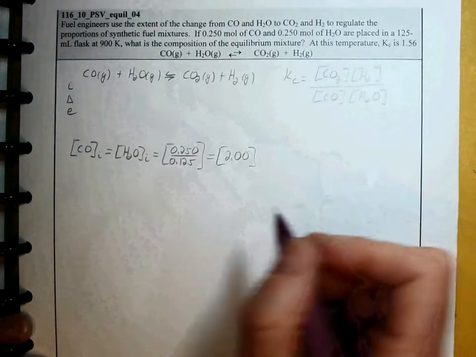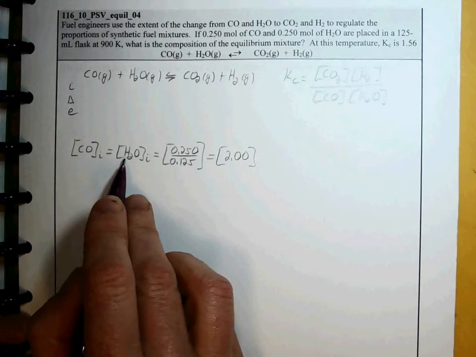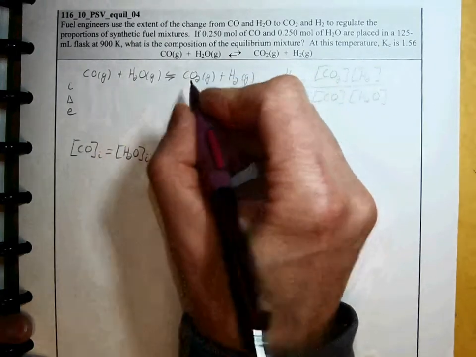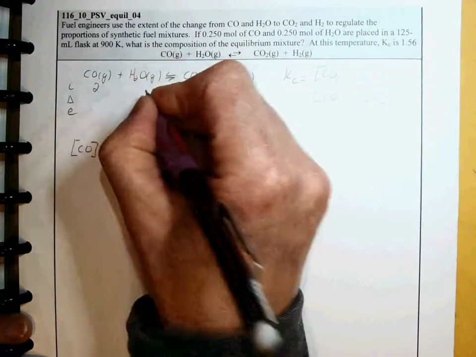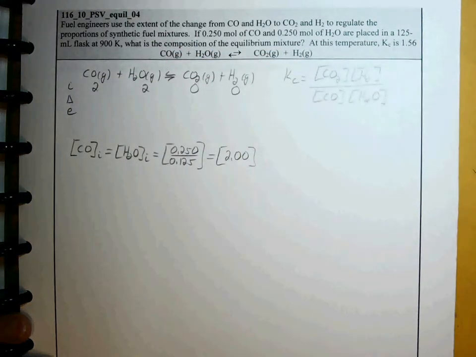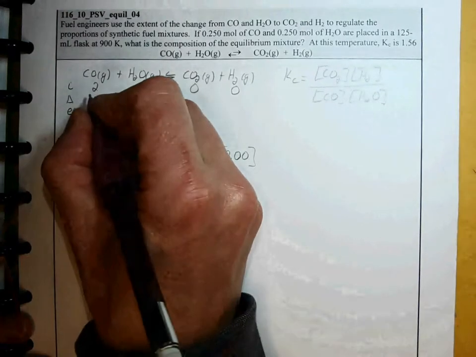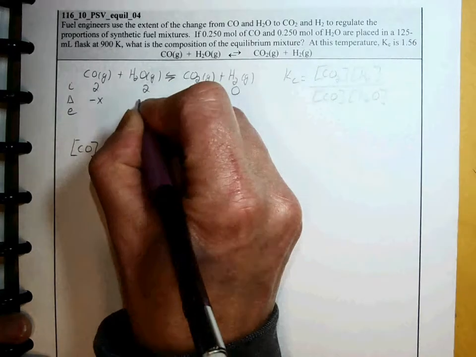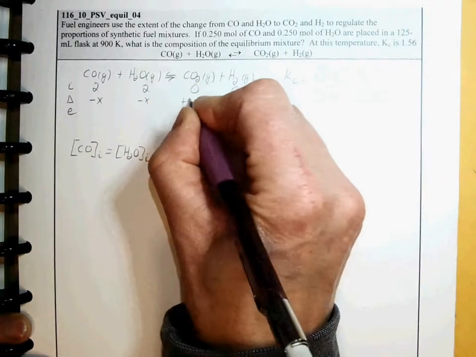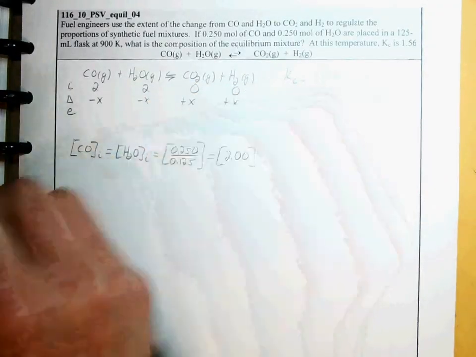Okay, so these are the initial concentrations of CO and H2O, our reactants. We don't have any products to start. Alright, so if we move towards equilibrium, we have to be going left to right. So we're going to lose X of each of the reactants and gain X of our products.